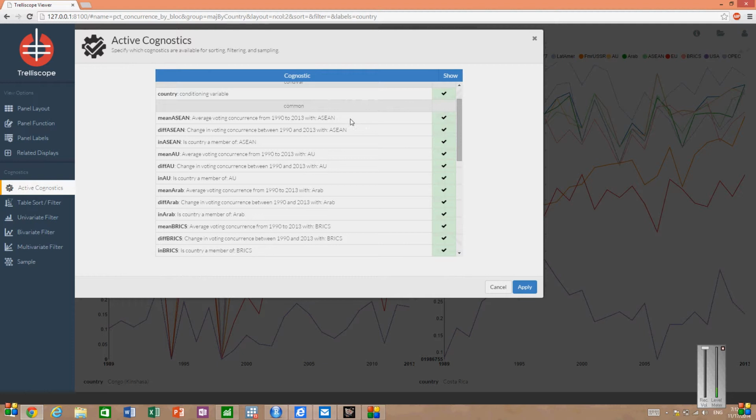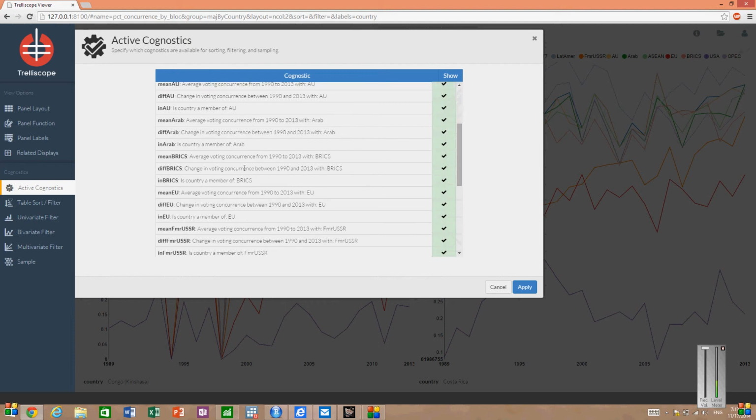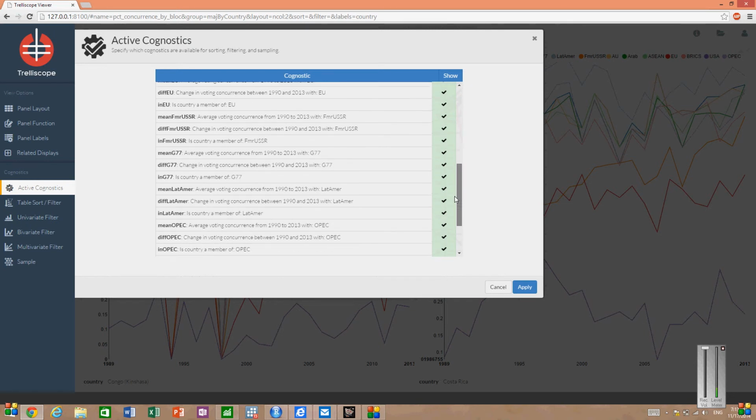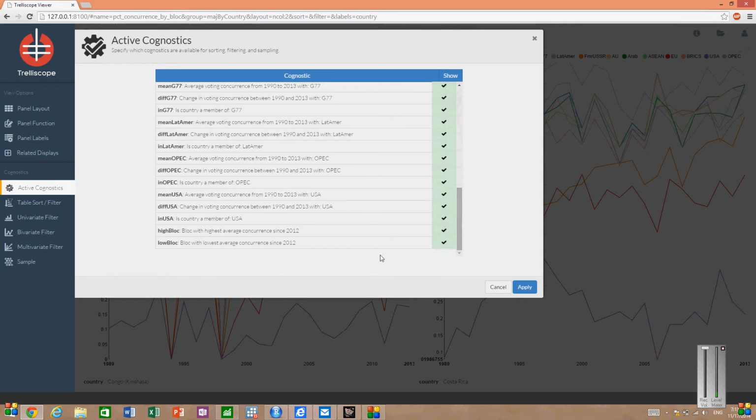We have cognostics that look at the average voting concurrence for every single block that a country has, the difference in voting concurrence that a country has between 1990 and 2013, as well as several categorical variables here and here that allow us to select and deselect specific blocks that we want to look at.